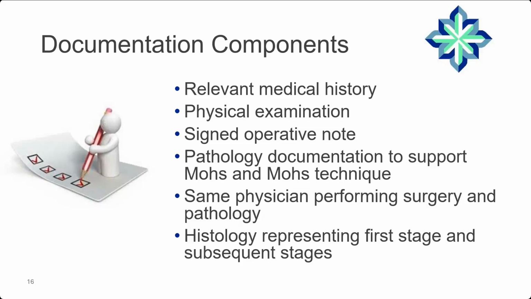We need to see the documentation that the same physician was not only the surgeon, but the pathologist at the time. And then the histology representing the first stage and subsequent stages.